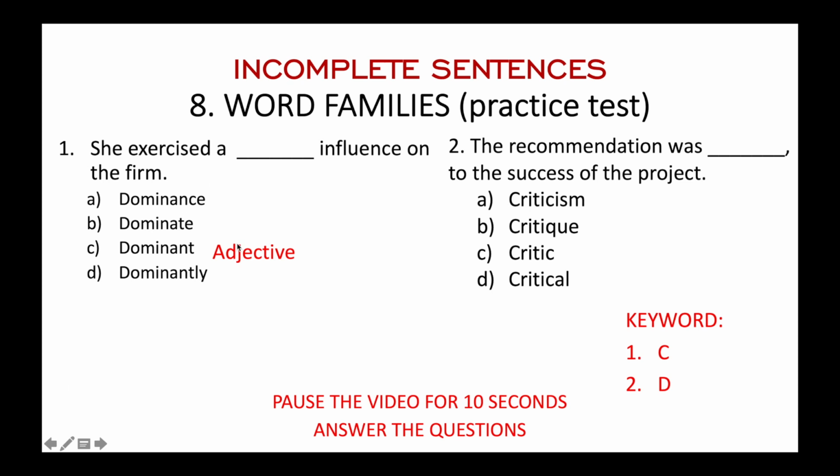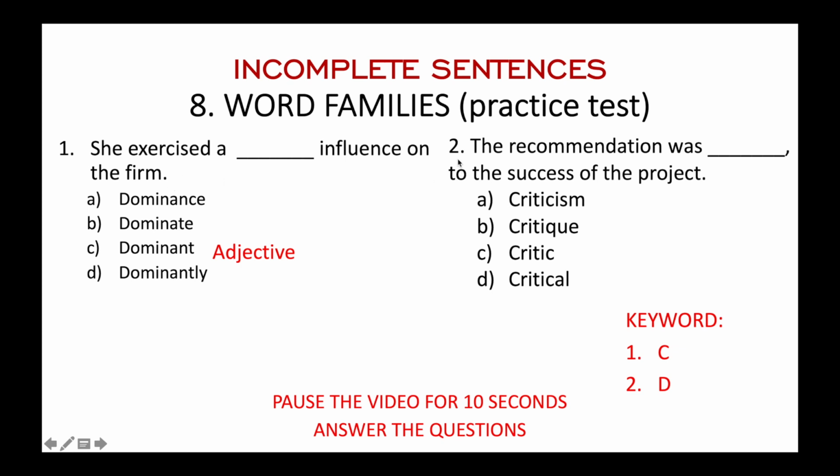So the adjective among the following options is dominant, meaning that dia mempengaruhi, blank influence on the firm, atau dia mempengaruhi perusahaan ini. The option would be dominant, or mendominasi, atau berpengaruh kuat pada perusahaan ini.